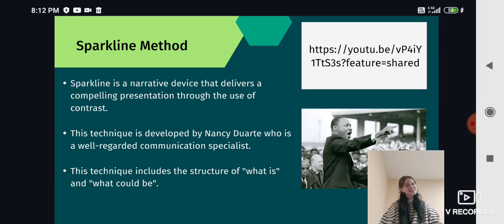And our last new method is the Sparkline method. Sparkline is a narrative device that delivers a compelling presentation through the use of contrast. This technique was developed by Nancy Duarte, who is a well-regarded communications specialist. And like I said, it has contrast, so this technique includes the structure of what is and what could be.